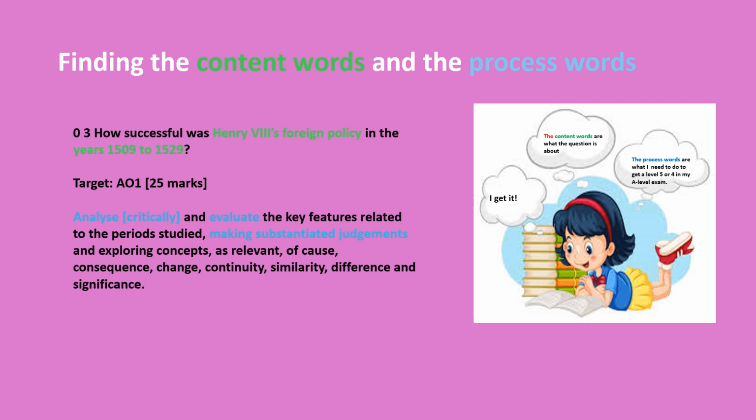Remember, it may be obvious, but students sometimes miss this in the exam when I've looked at scripts, when I've marked: as relevant, concepts come up of cause, consequence, change, continuity, similarity, difference, and significance, meaning historical significance.